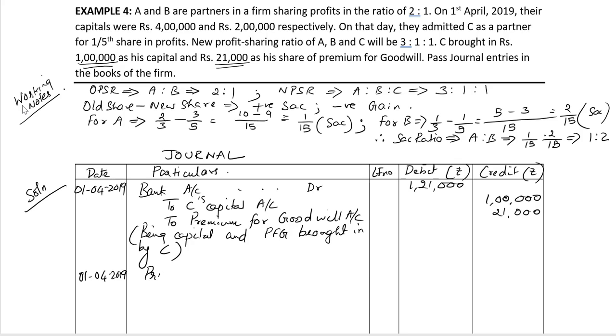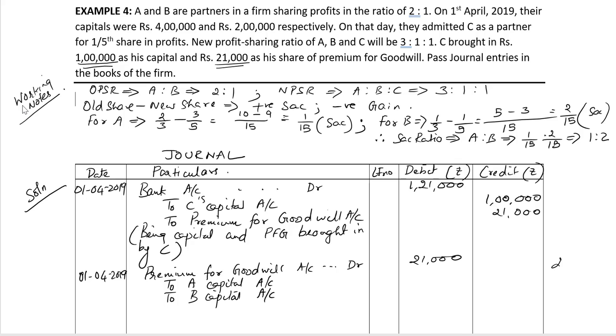So we have premium for goodwill account debit rupees 21,000 to A's capital account to B's capital account. 21,000 in sacrificing ratio 1:2.